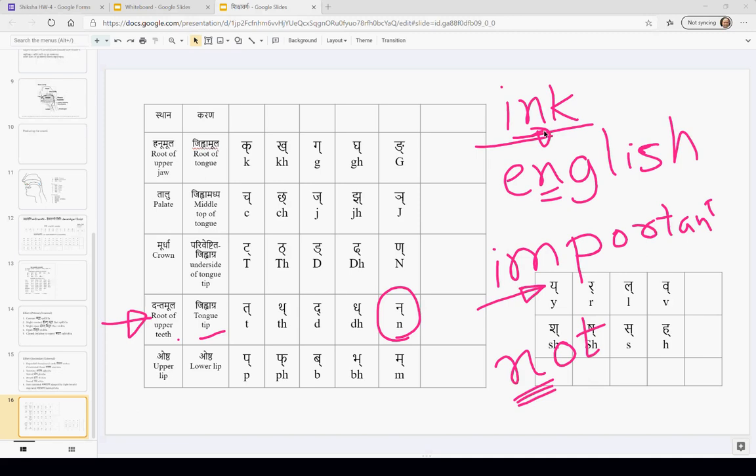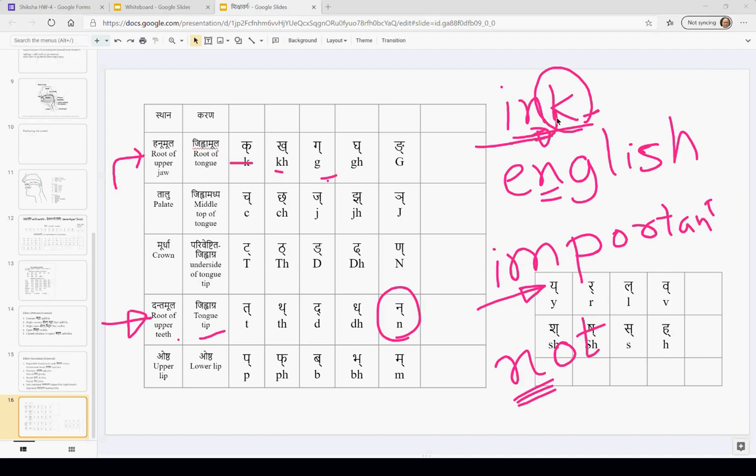What is happening here is it is following the sthana, the position of K, which is the next letter. The position for K is Hanumola, that is the upper jaw, like how we pronounce K or G.